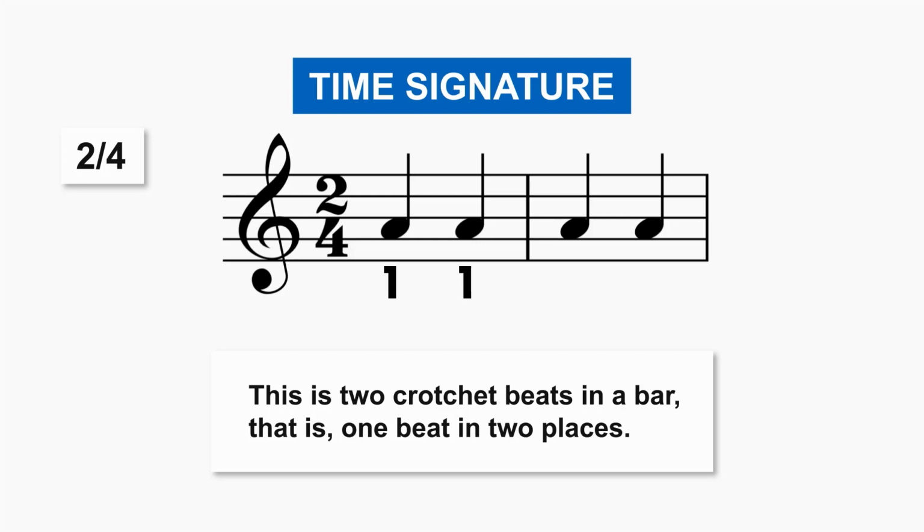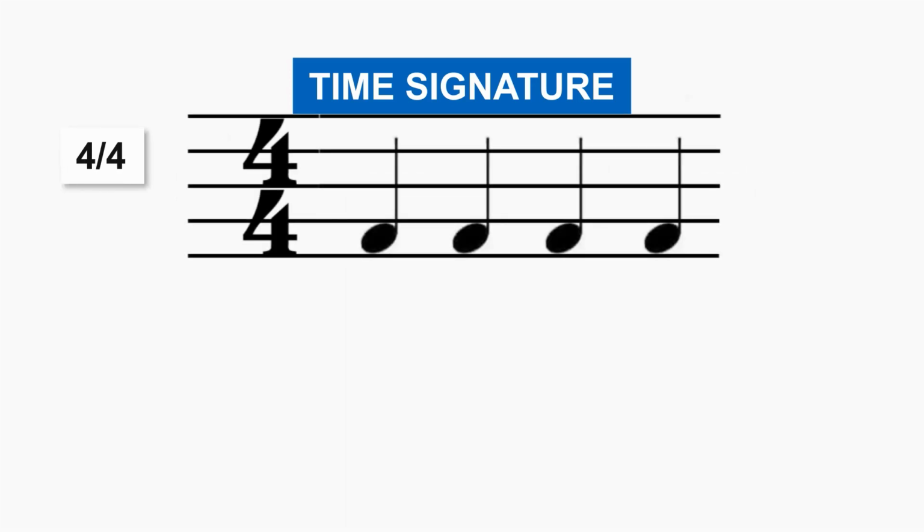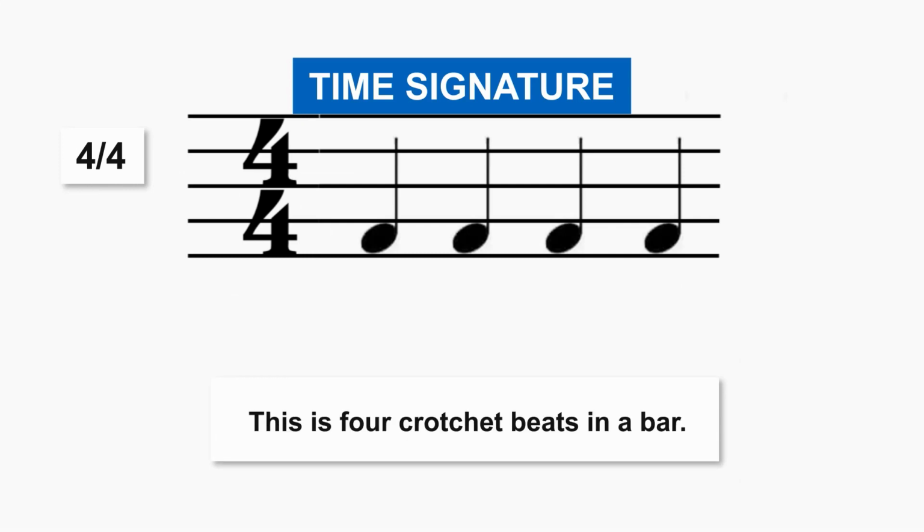Then 3, 4. This is 3 crochet beats in a bar, that is, 1 beat in 3 places. Then 4, 4. This is 4 crochet beats in a bar, that is, 1, 2, 3, 4.